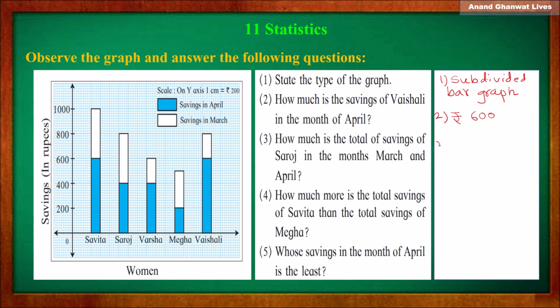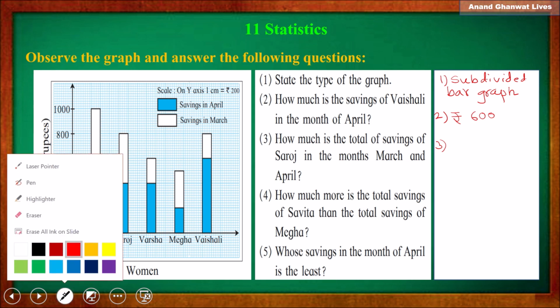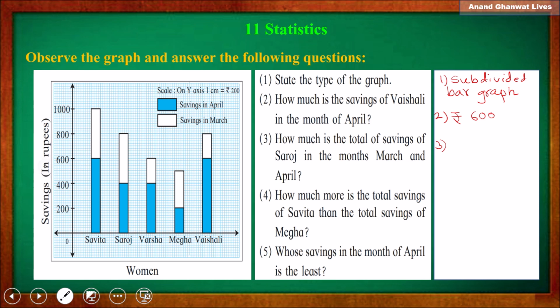Now third question is given here. How much is the total saving of Saroj in month March and April? Now we have to find the total saving of Saroj in March and April.